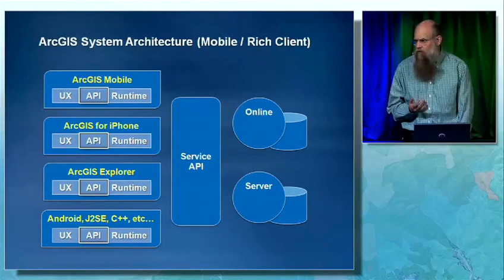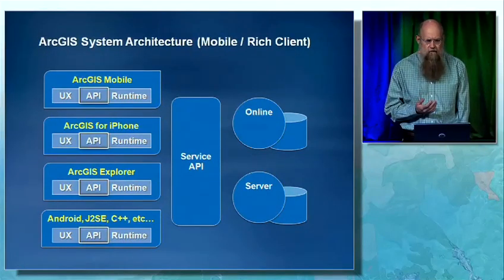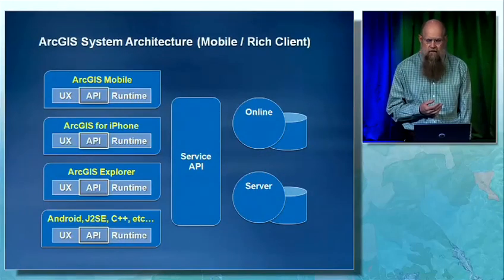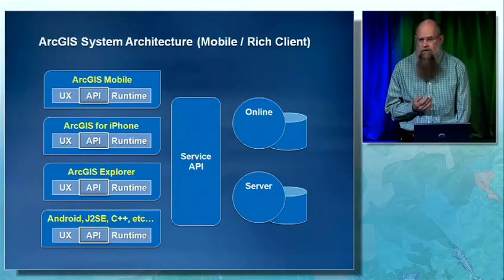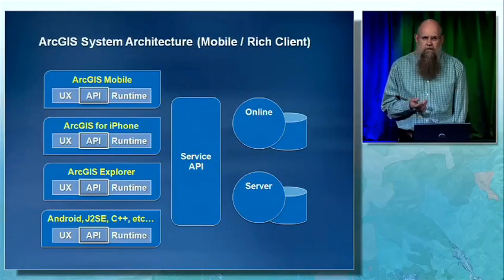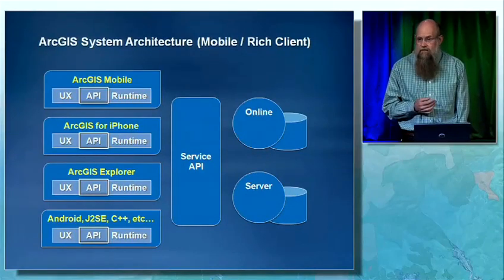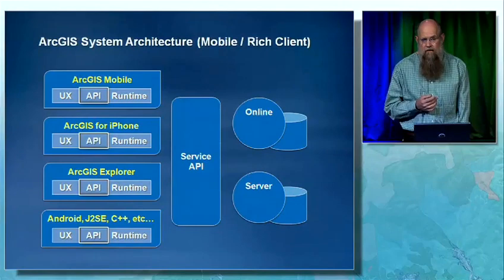They may have local runtime capabilities that can work disconnected from the network, or they may require to be connected to the network. And they consume and interact with geographic information through services. We'll be evolving the ArcGIS system on all of these dimensions in 10.1 and beyond.